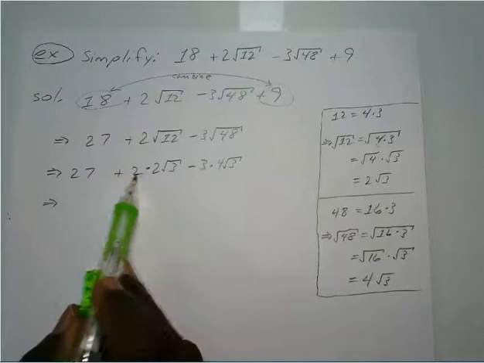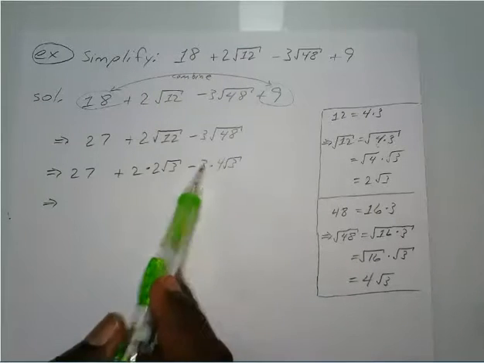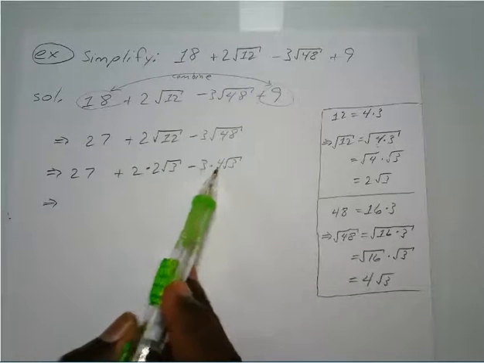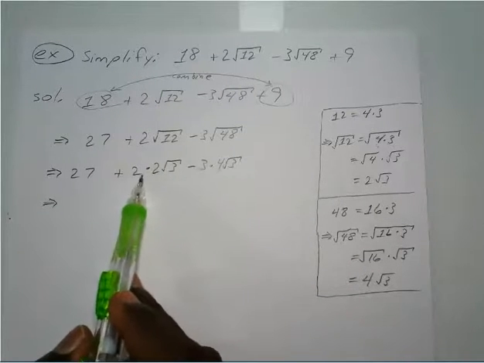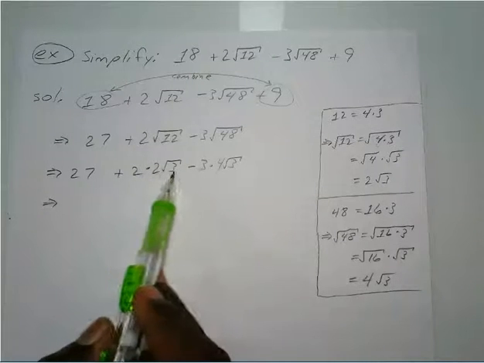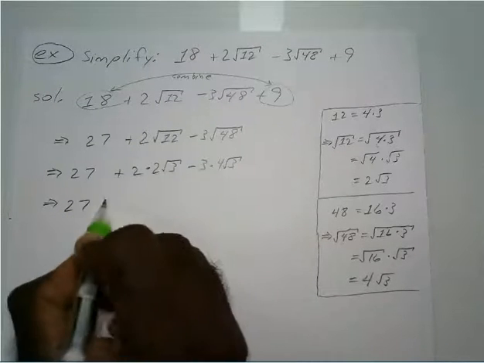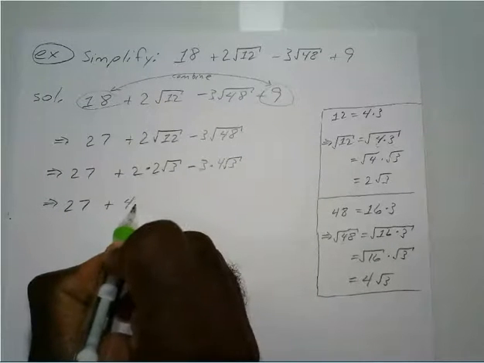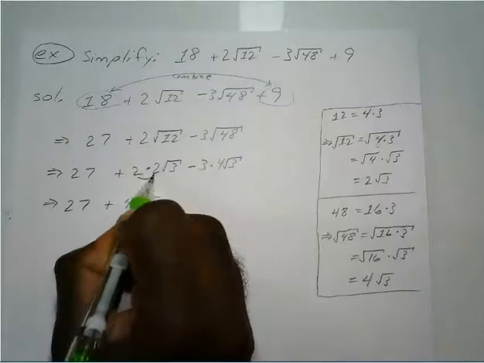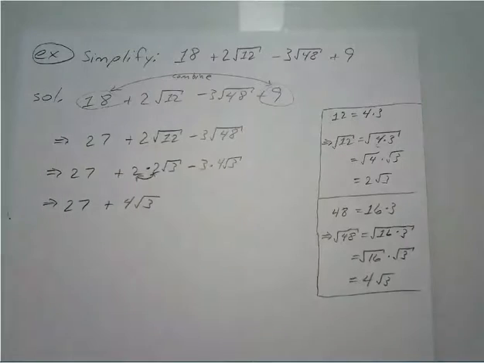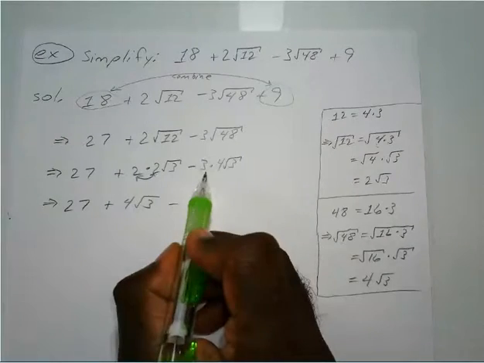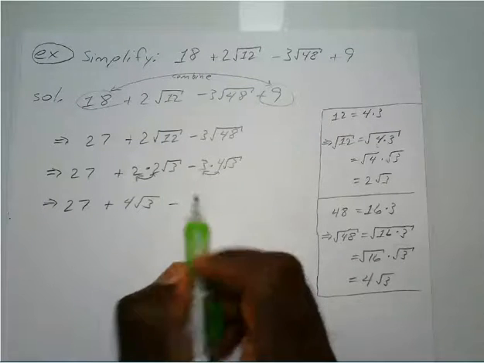Okay, so now we go ahead and multiply these 2's and this 3 and the 4. Okay, it's kind of like saying 2 times 2x will be 4x. So 2 times 2 square root of 3 will be 4 square root of 3. So you have 27 plus 4 square root of 3, if we go ahead and multiply these two, minus, if we multiply these two, we have 12 square root of 3.